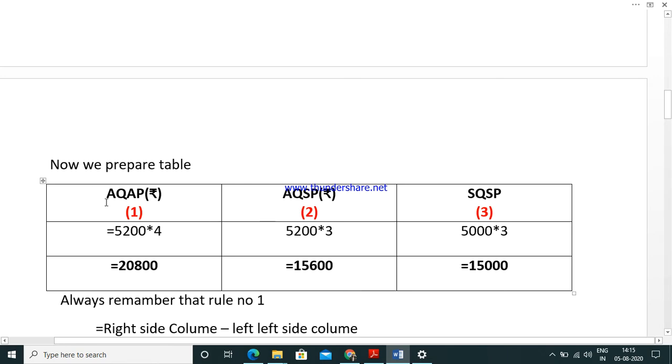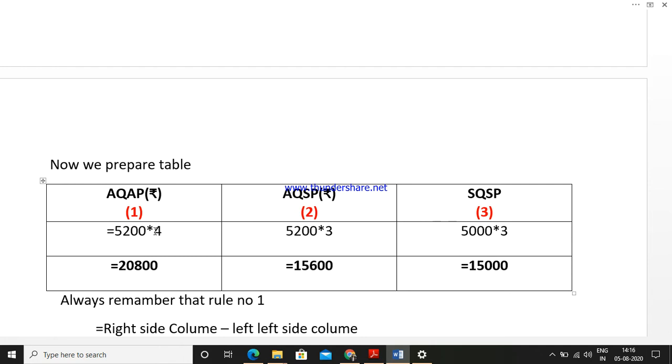in which column number 1 indicates AQAP, column number 2 indicates AQSP, and column number 3 indicates SQSP. In column number 1, AQAP, actual quantity is 5200, actual price is rupees 4, multiplication of it is 20800. In column number 2, AQSP, actual quantity is 5200, standard price is rupees 3, multiplication of both is 15600.